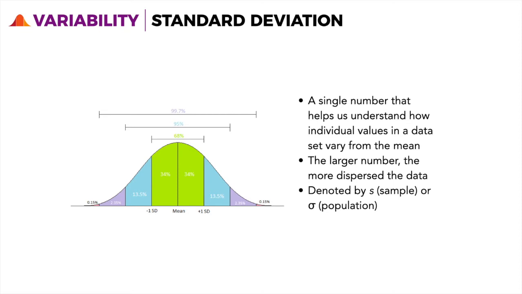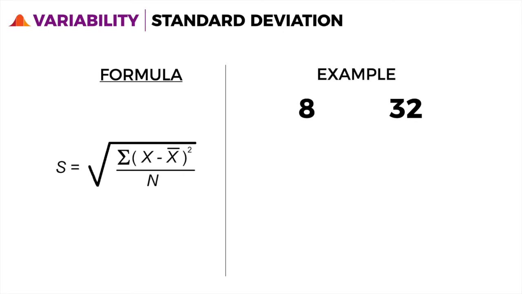With standard deviation, we're going to remove that. Standard deviation is denoted by s or sigma, where s is used for sample and sigma is used for population. Let's say we're going to use a sample. Our formula would be the square root of the summation of x minus x bar squared all over n.